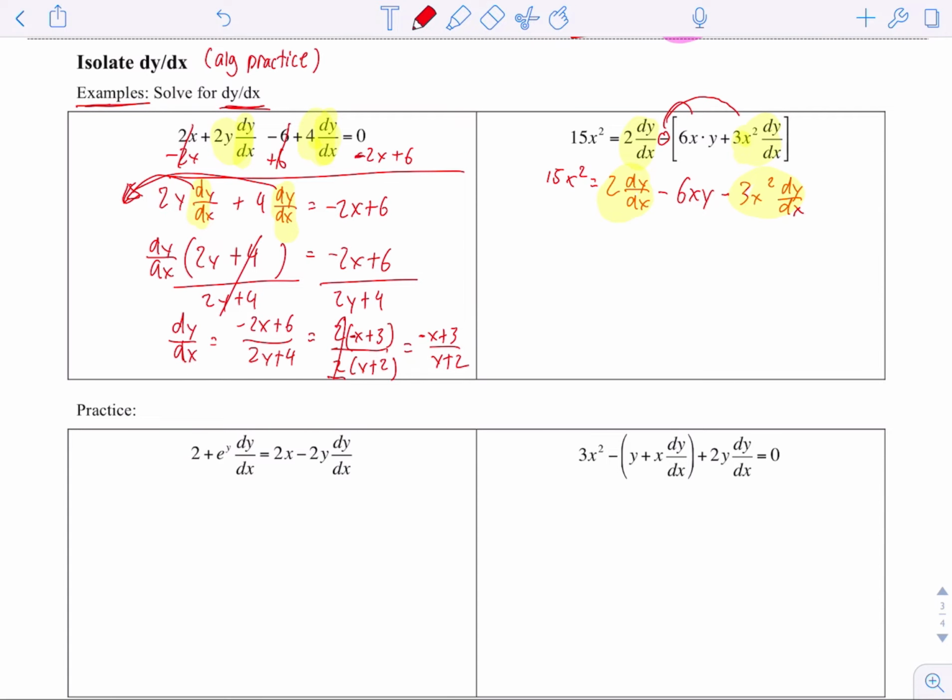Alright, so here's my dy dx terms here. I want to get rid of my other stuff, so bye 6xy. That means the left has 15x squared plus 6xy is equal to 2 dy dx minus 3x squared dy dx. Alright, so here are my dy dx terms. Let's factor that guy out.